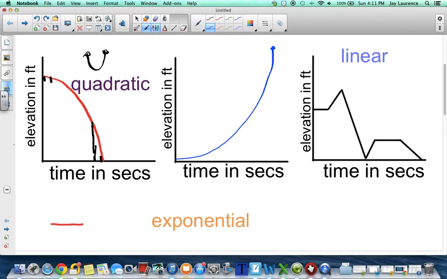Best if I extend. Look at that. It's going all the way up there to all the way down here in that time interval, whereas this one's barely moving. It's barely going down any at all. All right, so that's a quadratic.